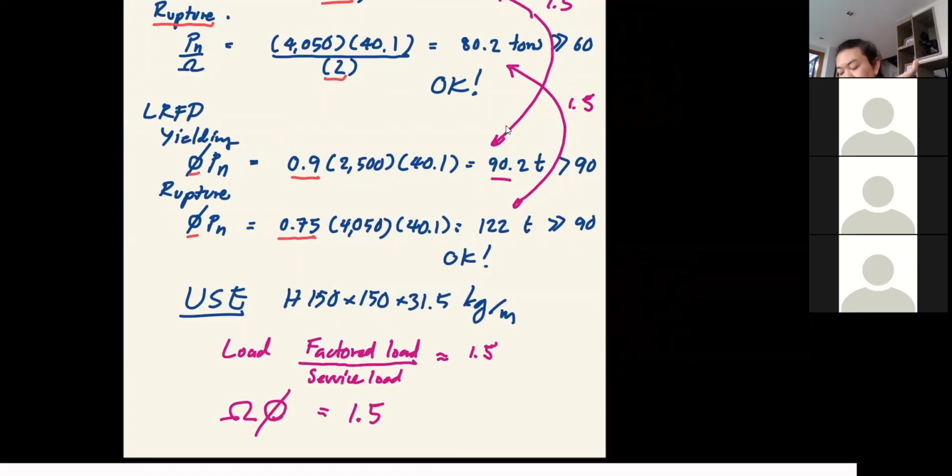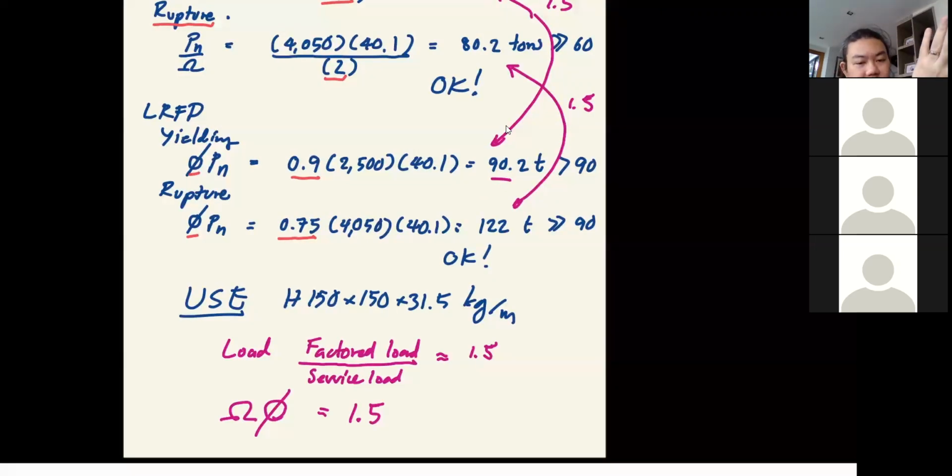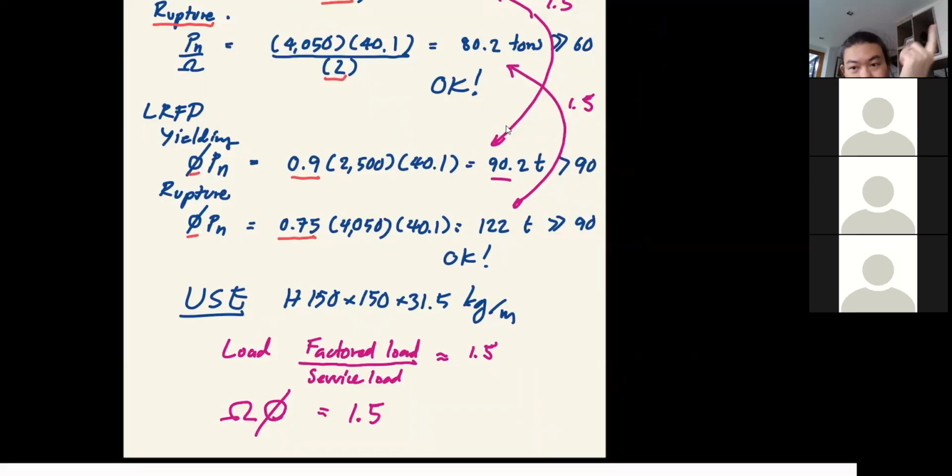You multiply 5 over 3 with 0.9, you get 1.5. You multiply 2 with 0.75, you get 1.5. This is true as long as the live load to dead load ratio does not exceed 3. That is the magic number behind the concept.